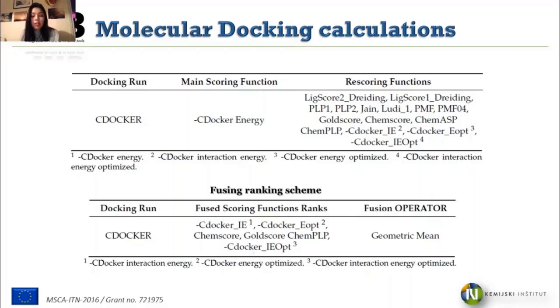These are the scoring functions selected, and the operator used for fusing the ranking scheme was the geometric mean.